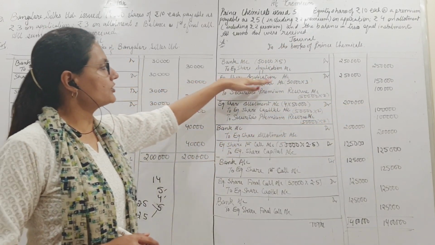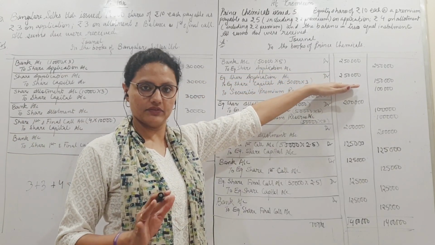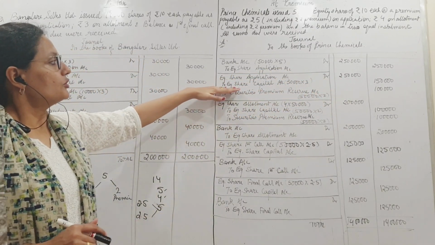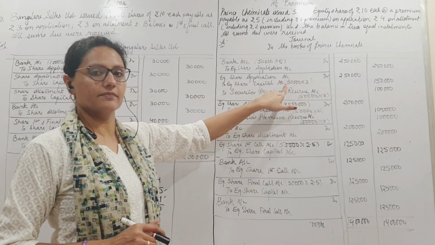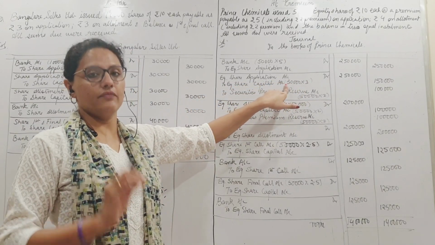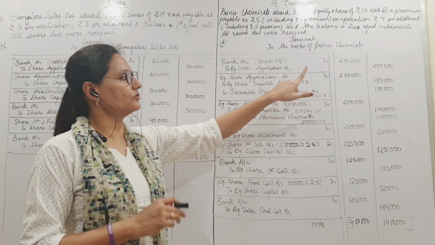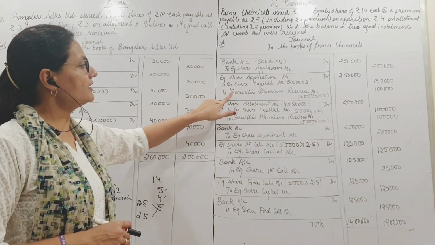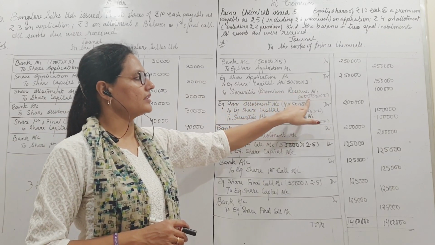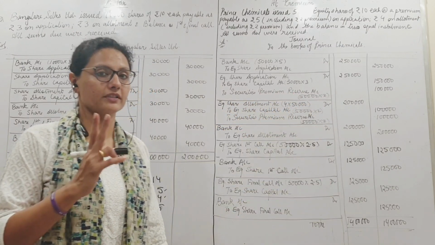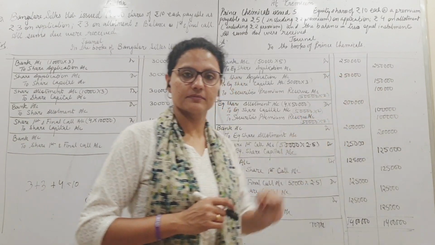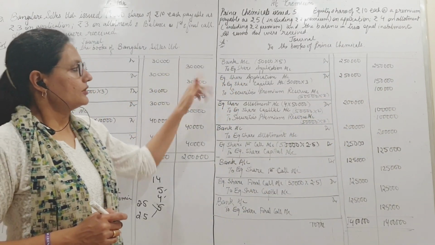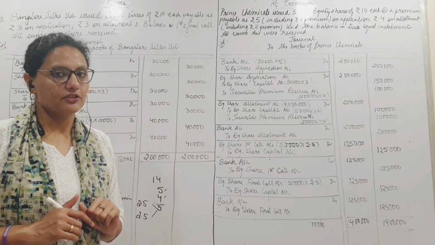So ये share application account close हो जाएगा पूरा 2,50,000. We transfer to share capital account only 3 rupees into 50,000. 50,000 shares में 3 per share goes to share capital, and to the securities premium reserve we transfer 50,000 into 2 per share, meaning 1 lakh. 2.5 lakhs. Yes. So this is the entry for application.